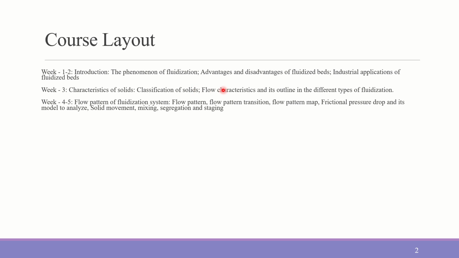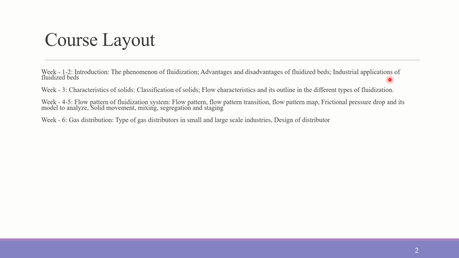So all these things: flow pattern, flow pattern map, and frictional pressure drop and its models. We also saw how pressure drop is important in fluidized beds and how it influences the cost of running the applications. And solid movements, mixing, segregation, and staging, all these things also we have seen.